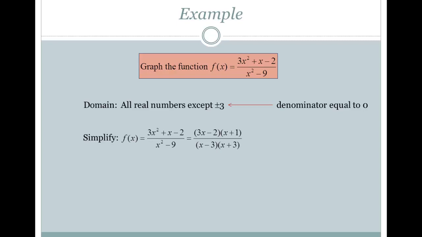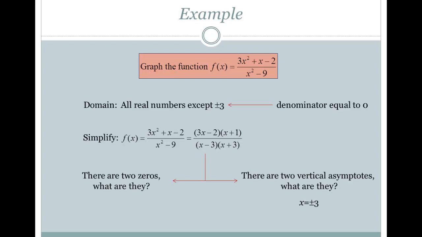If I factor the top and bottom, what I should see is that I can't cancel anything out of the numerator or the denominator. And so what that tells me is I'm going to have two vertical asymptotes, when the denominator is 0, so one at x equals 3 and one at x equals negative 3. That should make sense to you. We should have two zeros of the function, and that's when the numerator is equal to 0.